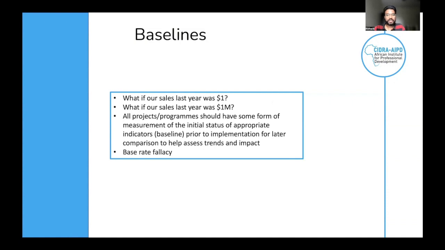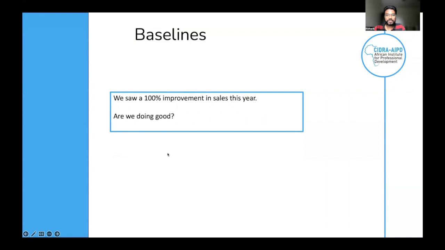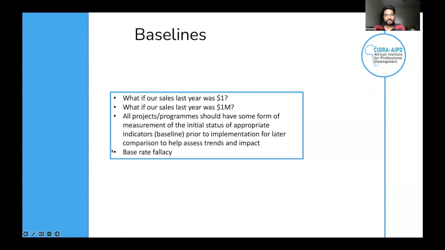And it can often lead to these base rate fallacies, because let's say you chose your metric as percentage improvement and you see a really high number here, but that is only because your initial amount was quite low. And that is what is called base rate fallacy in the literature.